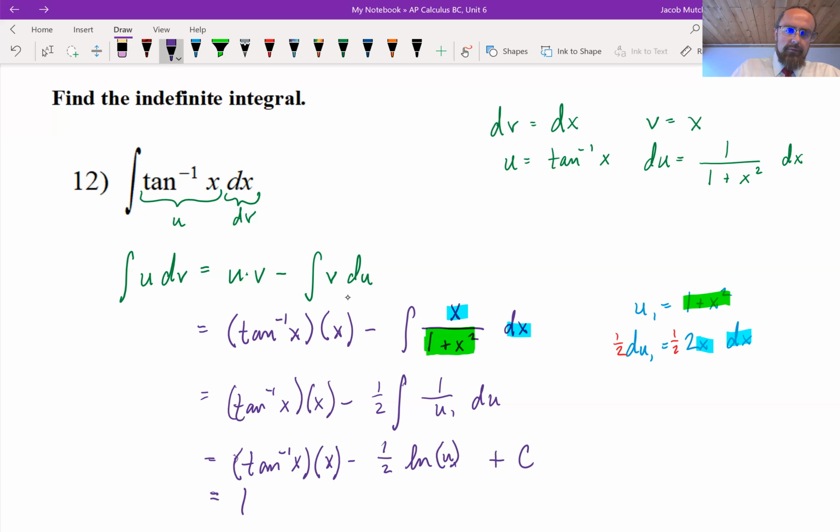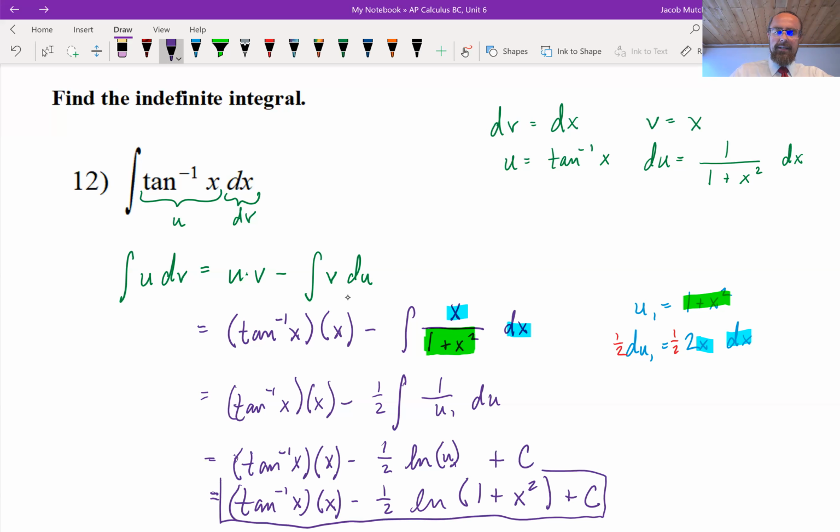So here's our simplified version: inverse tangent of x times x minus half times natural log of u, again is 1 plus x squared, plus c. And that finalizes that integration. Thank you for joining for this investigation of how to integrate indefinite integrals by parts. See you soon.